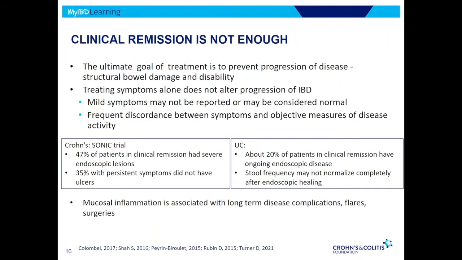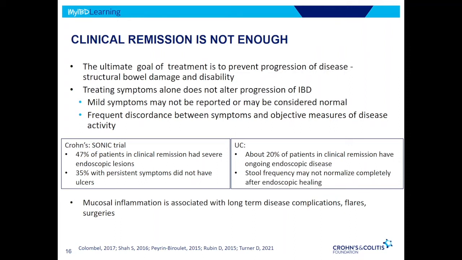But clinical remission by itself is not adequate, and we know that from data that we have from a long list of trials going back more than 20-30 years. The ultimate goal of treatment should be to make sure that we prevent progression of disease, prevent structural damage to the bowel, and prevent disability. And treating symptoms, however, is not adequate enough to achieve these goals.